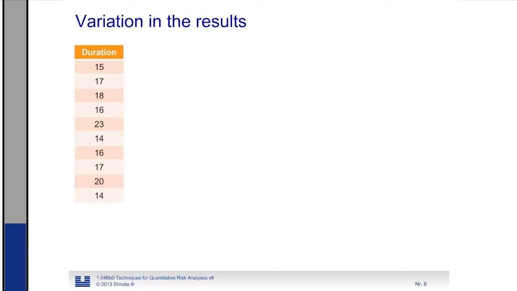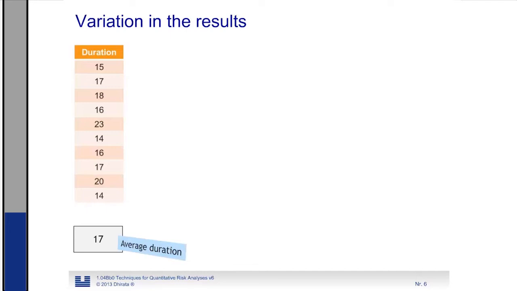For the sake of this example, let's think that this is the number of days in preparing a plot of ground for some building activities. This is somewhere between 14 and 23 days. The average duration is 17. So it does make sense to put 17 days into the precedence diagram of the critical path analysis.